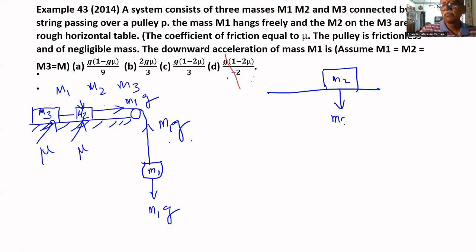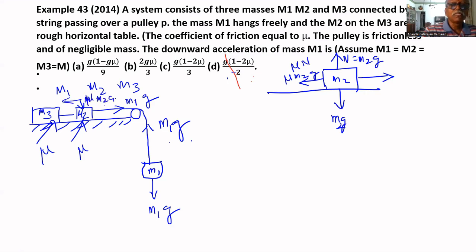Downward is M2g. Therefore, normal force equal to M2g. It tends to move towards right. That's why towards left, the force is mu N, that is equal to mu M2g. Therefore, the force given by M2 towards left is mu M2g. Similarly, this also mu M3g.